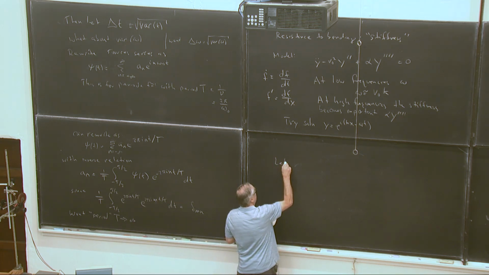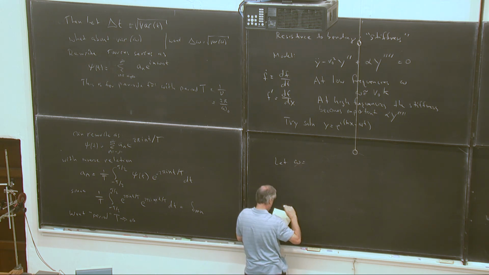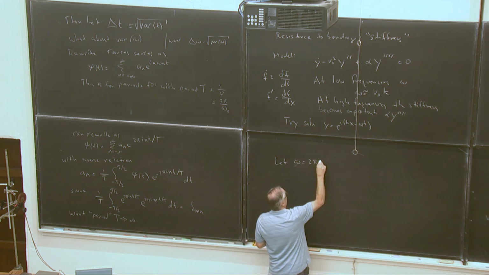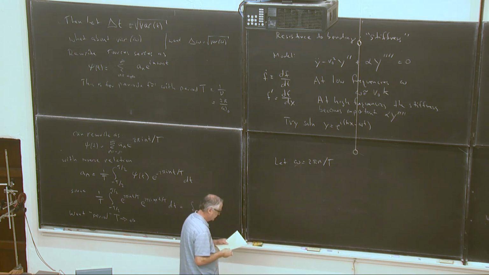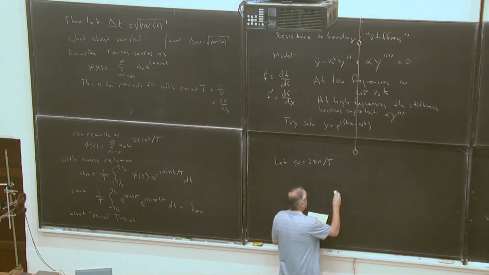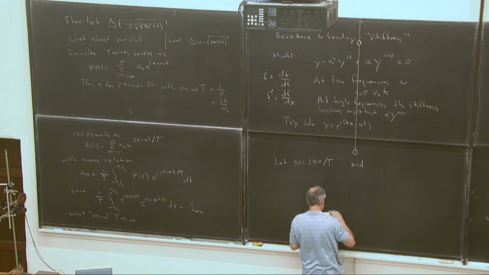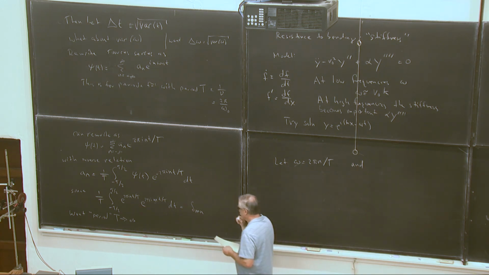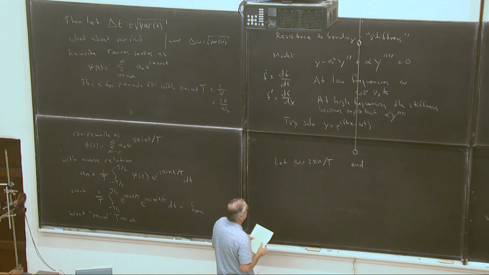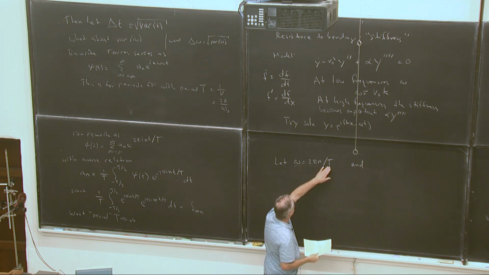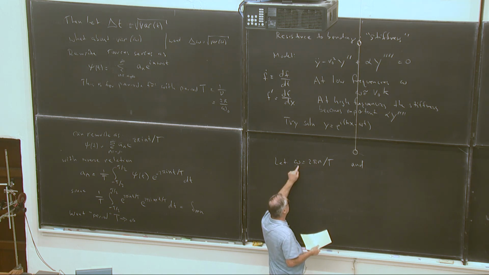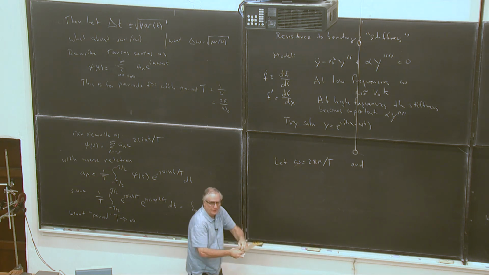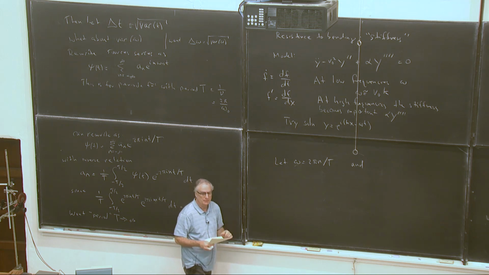Let's let omega be 2 pi n over t. So we're dropping our notion of omega naught. So t is going to go off to infinity, but n goes everywhere from minus infinity to infinity, so we're going to cover the full range of frequencies.